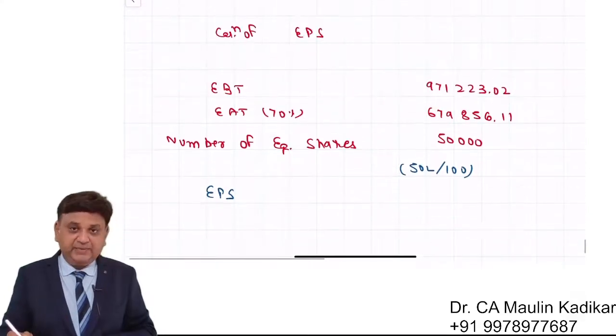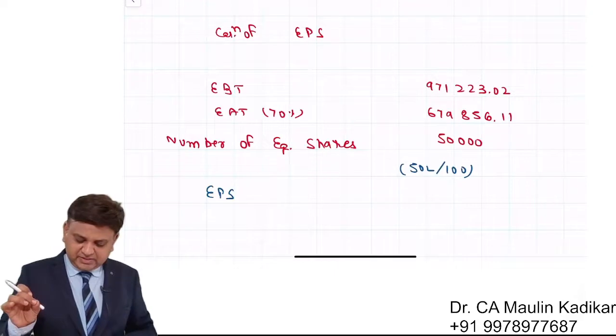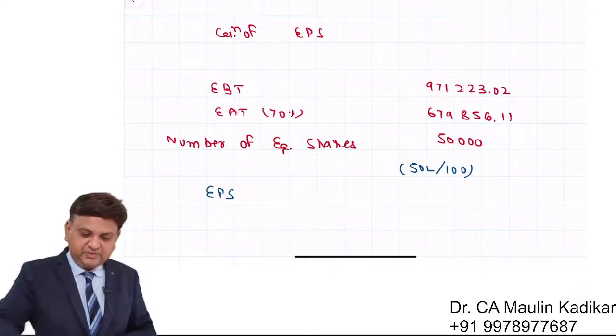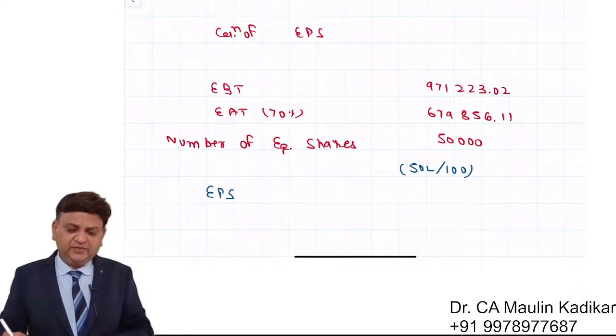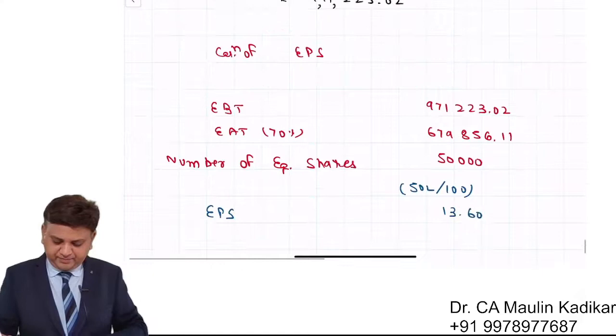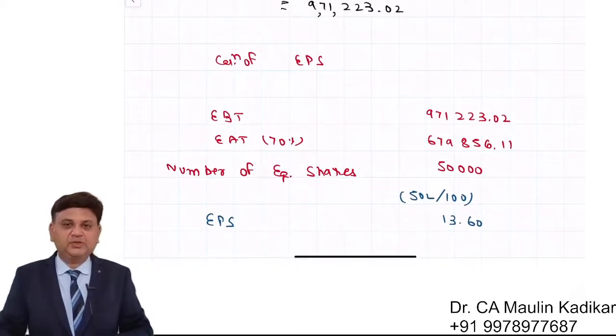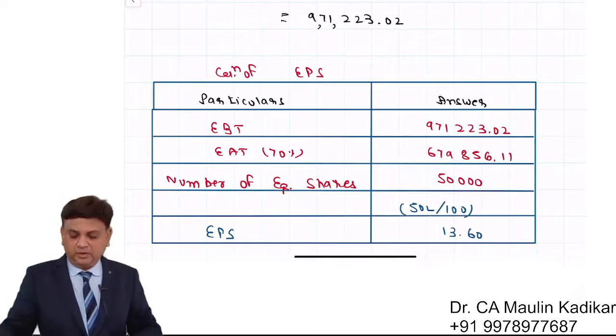And based on that, EPS. So earning after taxes divided by the number of equity shares 50,000, and that comes to 13.5971, that is 13.60. I request all of you to write down EPS answer. Okay, so we have calculated EPS of 13 rupees 60 paise.